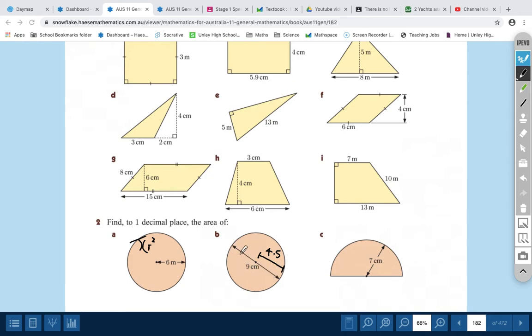So watch out for when they give you a diameter, not a radius. And here, you've only got half a circle. So you've got pi r squared cut in half. You could divide it by 2, or alternatively, you could times it by a half, because doing that is exactly the same thing. Okay?